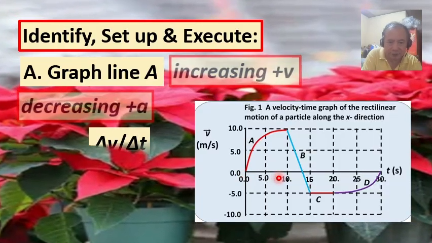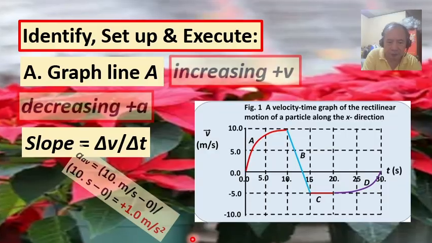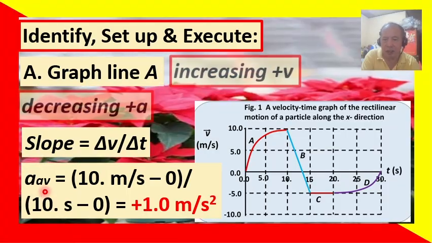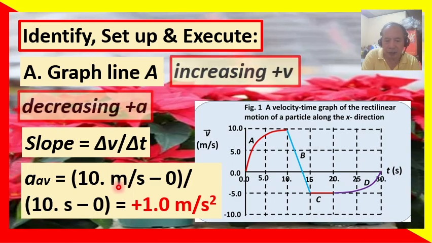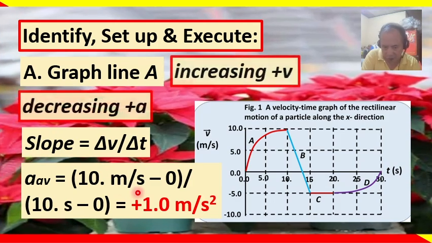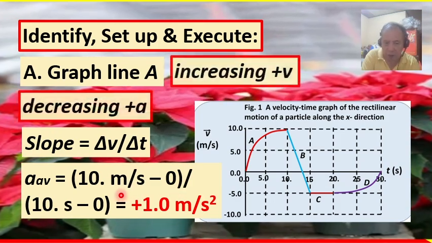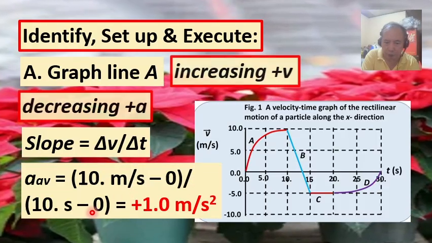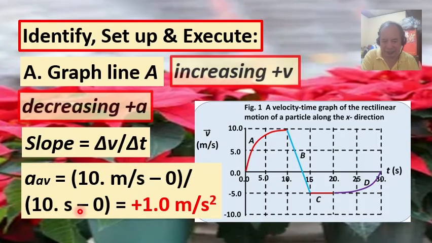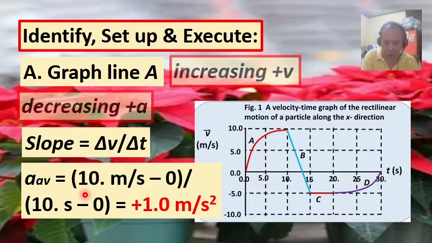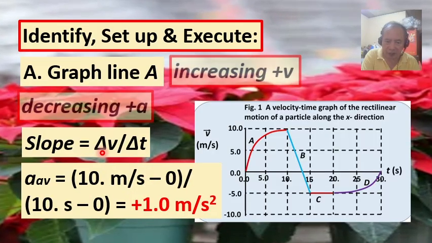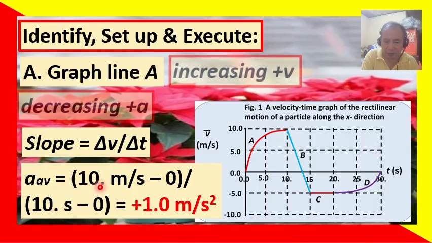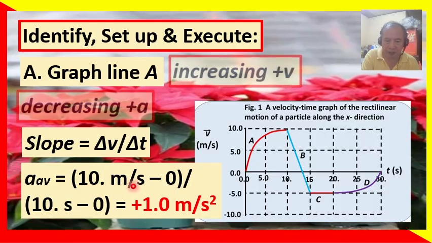That is, the acceleration, which in this case is considered an average acceleration, because we are referring to a time interval from 0 to 10 seconds. So we have here the change in the velocity, final minus initial, or 10.0 meters per second minus 0.